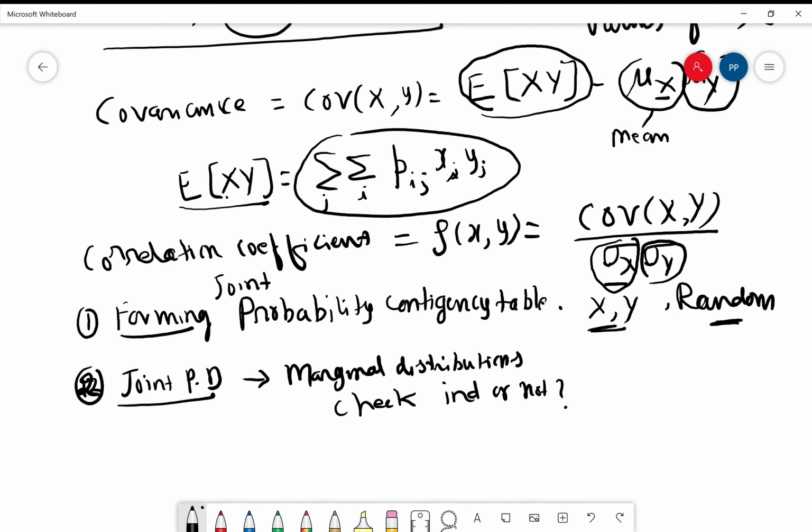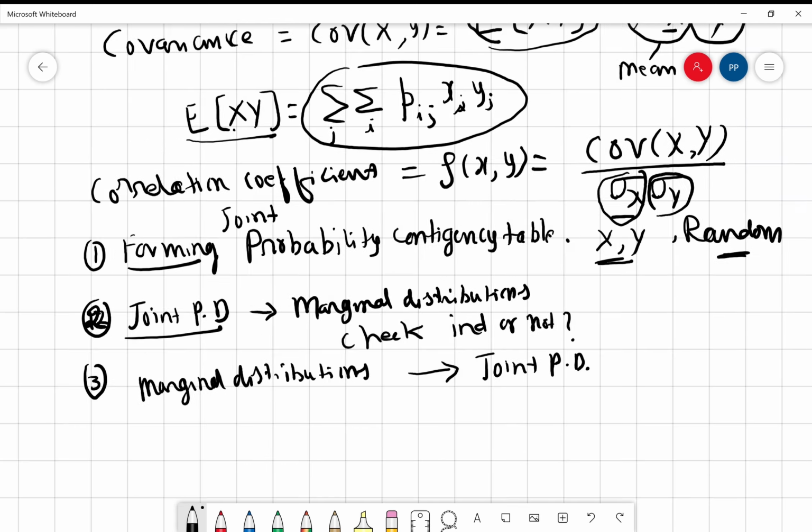In another kind of problem, you may be given marginal distributions where the variables are independent, and you may find the joint probability distribution.